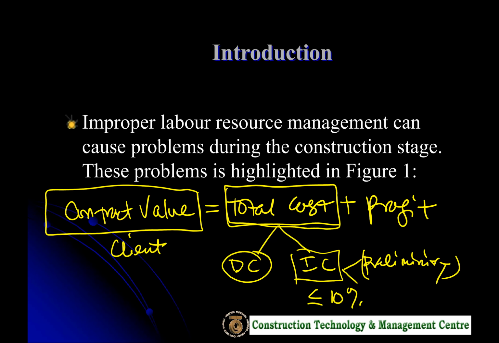Whereas the 90% could be due to direct cost. And how much is the profit? That is the issue. How much do contractor make profit?